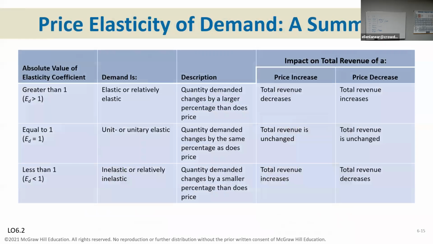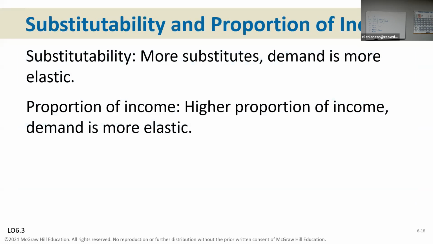And again, this is an important slide here: what causes elasticity? Substitutability. The more substitutes, the more elastic the demand. Obviously, you have a lot of choices. You can go down Rangeline and choose hundreds of things to have for lunch after class.